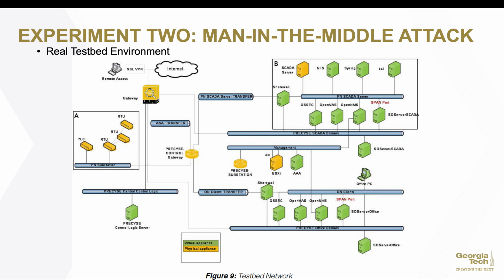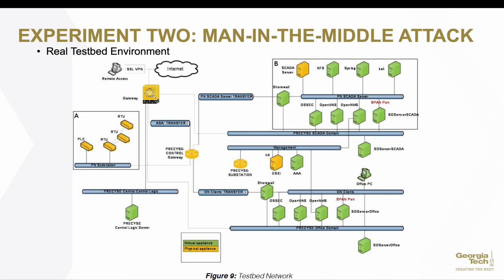So figure 9 details the test network used. The network contains the RTU and the SCADA server. Section B is where the control and attack machines are located, so you can see here. The SCADA server is the main control unit and is the target for this attack.